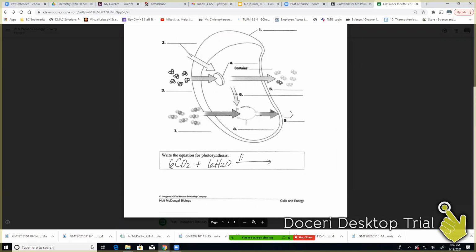And this is the one where we need light and chlorophyll, to give us C6H12O6 plus 6 oxygen molecules, O2 molecules, in the form of gas.